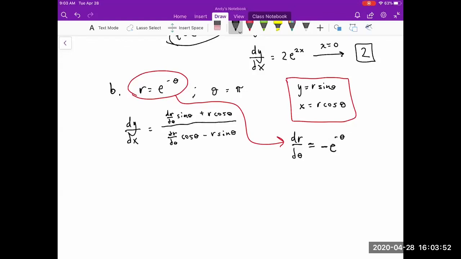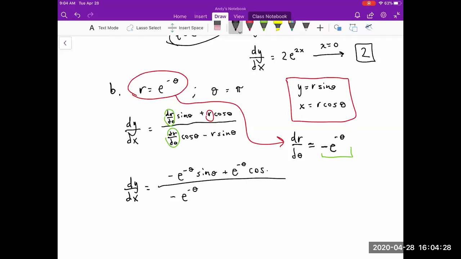Okay, so now looking at our equation for dy over dx, these two right here are just negative e to the negative theta. Times sine of theta on top plus r. R is what we have circled in red, so r is just e to the negative theta cosine theta.